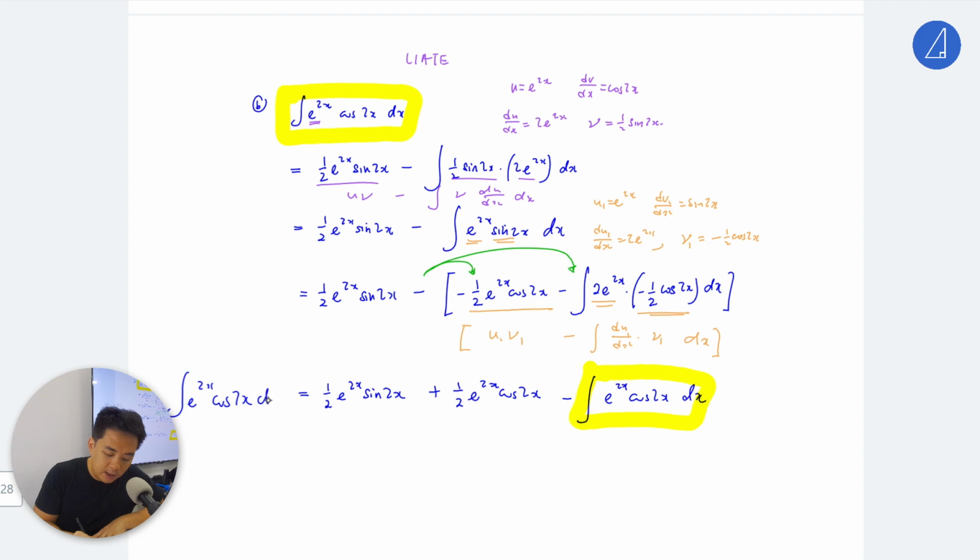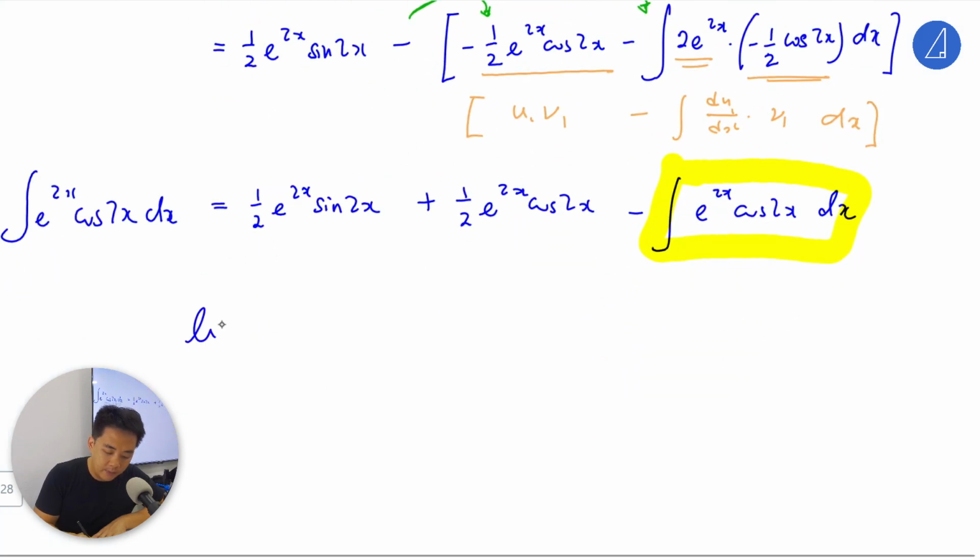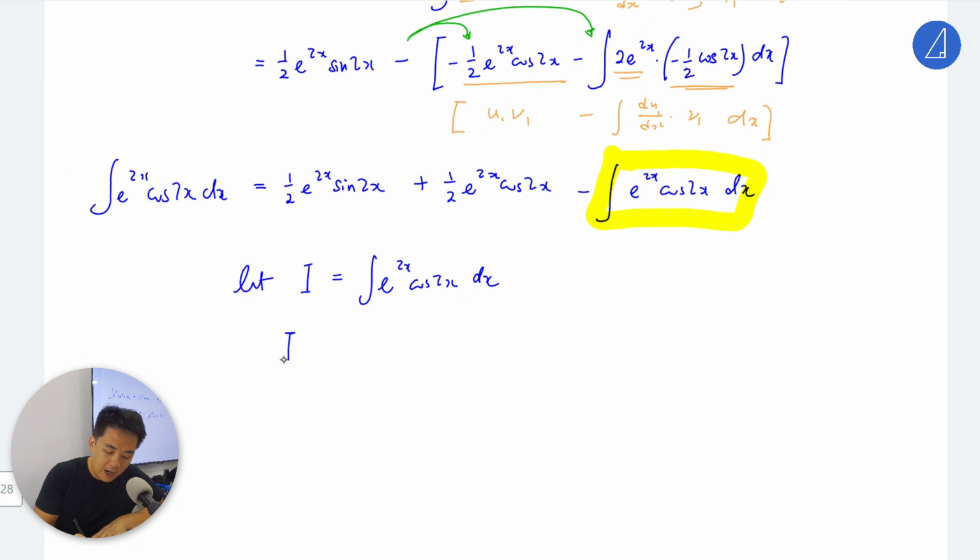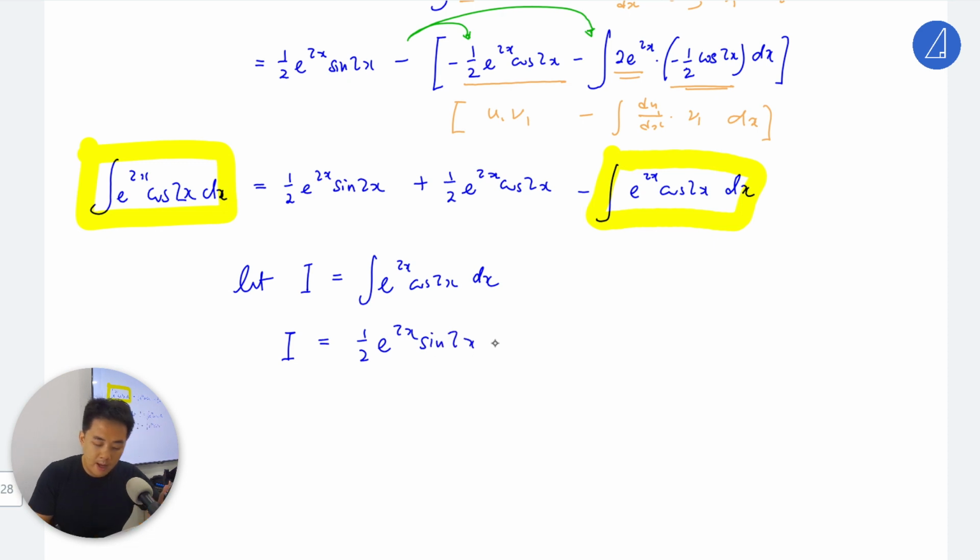Usually what we'll do is we'll just let I equal e^2x cosine 2x dx. Okay. Then you can see this is half, this entire thing is one entity. This is your I. So you know that this is half e^2x sine 2x plus, maybe I factorize it. Can I factorize it? I can factorize it.